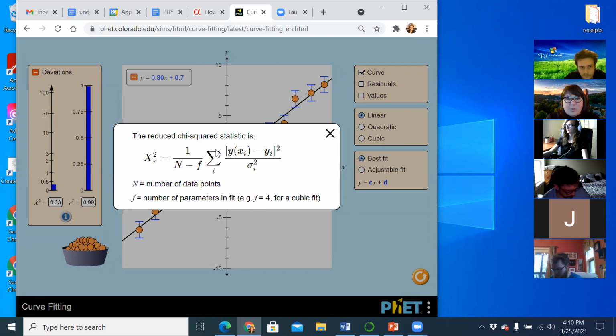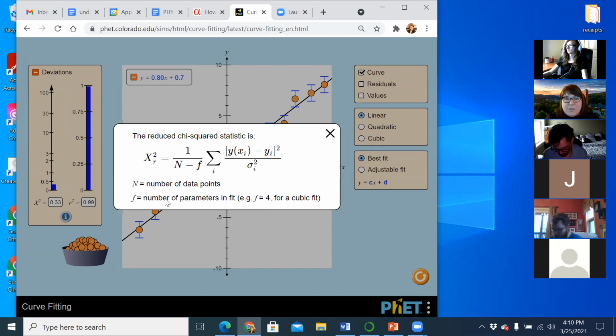And this quantity is really more, it's not just for linear situations. As you can see, f down here is the number of parameters in the fit. So it's basically like the order of the polynomial, or close to the order for a polynomial.